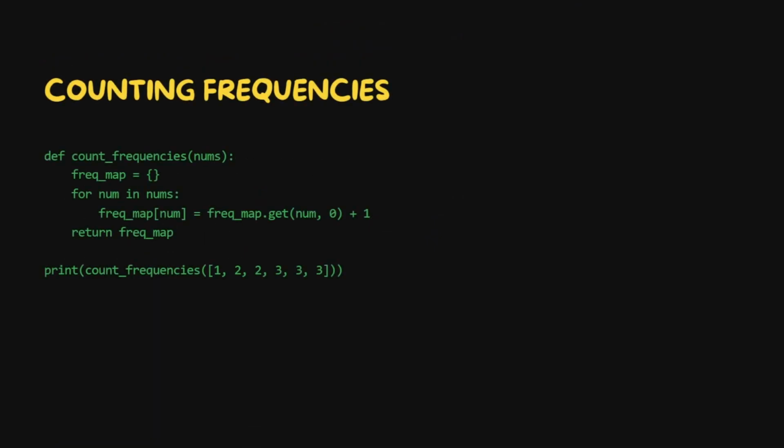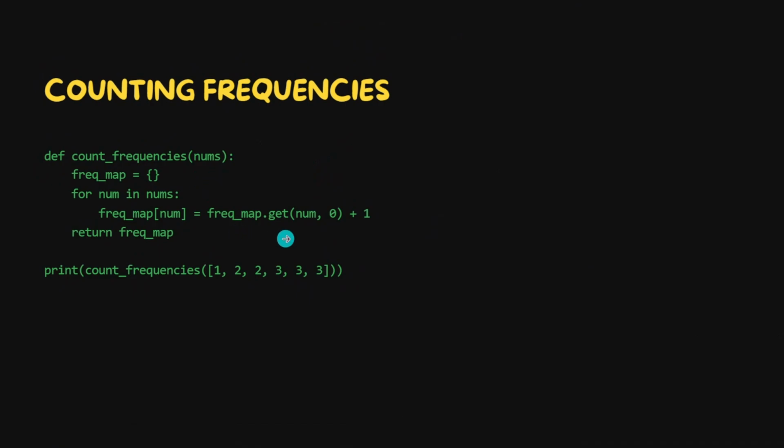This is the Python code implementation for counting the frequency. We start by defining a function, count_frequencies, that takes a list called nums. We initialize an empty dictionary, frequency_map, to store elements as keys and their counts as values. We loop through each element in the list using a for loop.